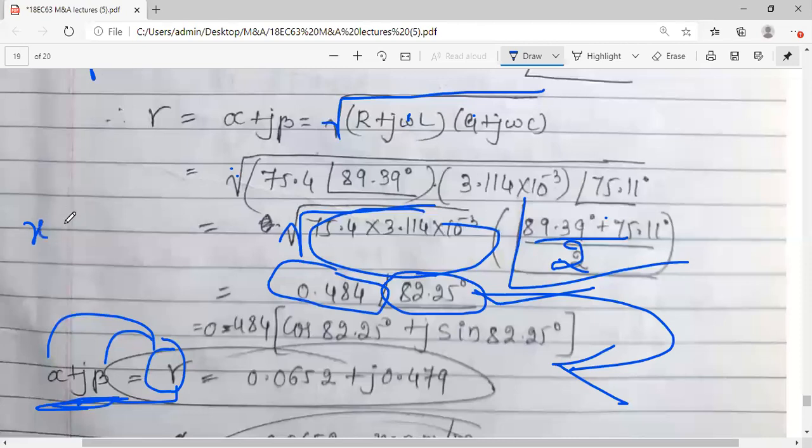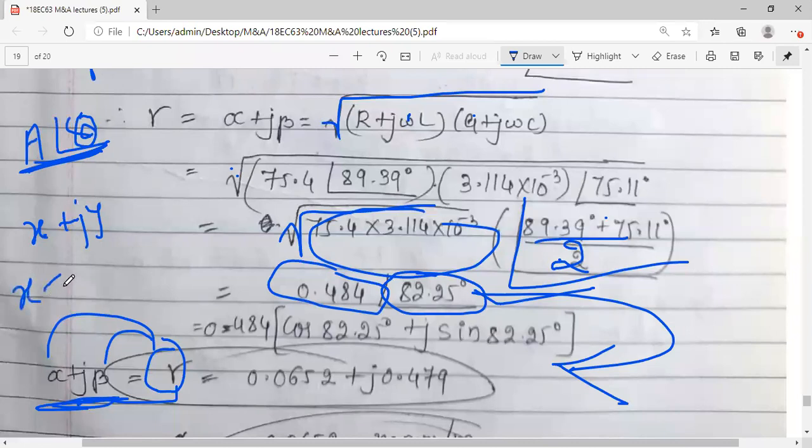This is your rectangular form, and for the magnitude, some general value I am giving you, a and theta. Now you have this form, a angle theta. How to get x?